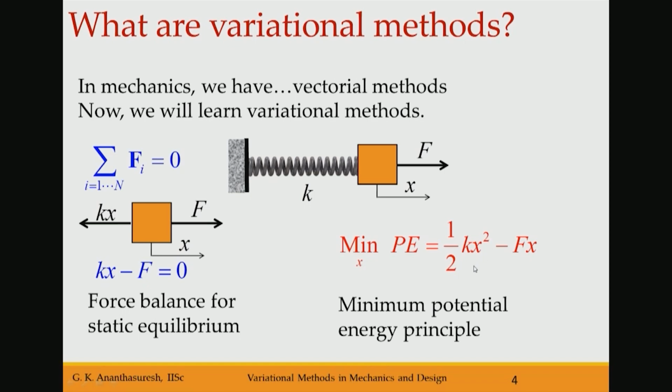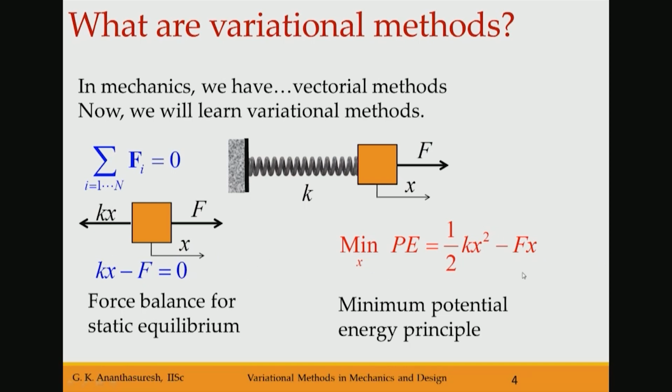Half kx square, when I take the derivative, I get kx, because half and this 2 become unity. Fx, if I take the derivative, that is going to be F. This is a quadratic term and this is a linear term. This will become kx, like here, minus F, like here, equal to 0.